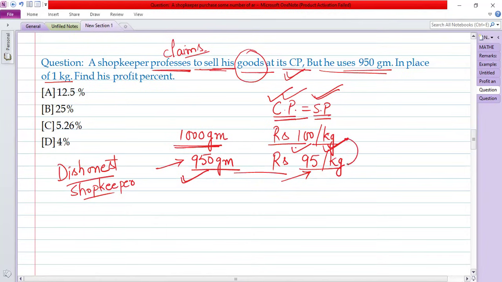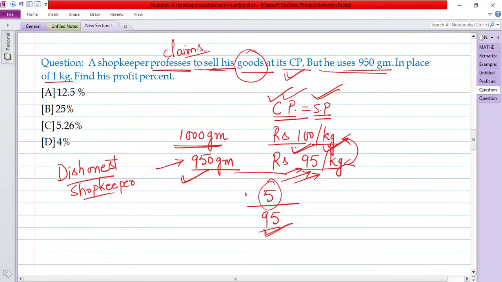Okay. Now here is the difference. What is the difference? The difference is of this 5. Now this difference is the profit of the shopkeeper. The difference between 100 and 95 is the profit of the shopkeeper, and this profit amount is divided by the cost price 95. Please mind, the actual true cost price is 95, not 100. 100 is the false cost price due to his false claim.